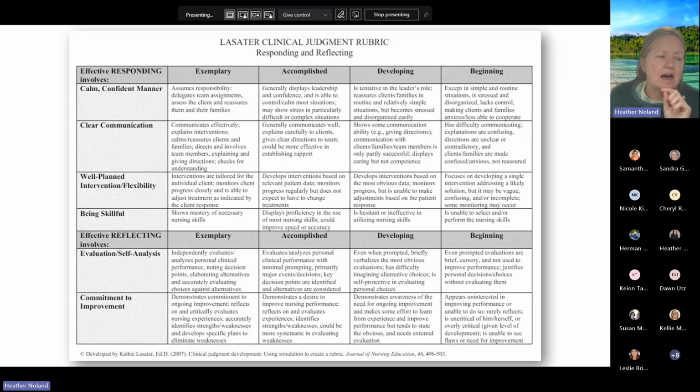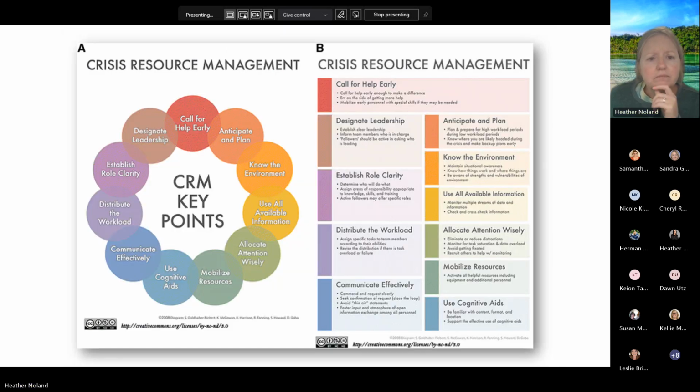Again, this is looking at whether or not they are ready to move on to the next level of clinical judgment. Another thing that people might be familiar with is crisis resource management. Crisis resource management came out of the anesthesia realm of things.